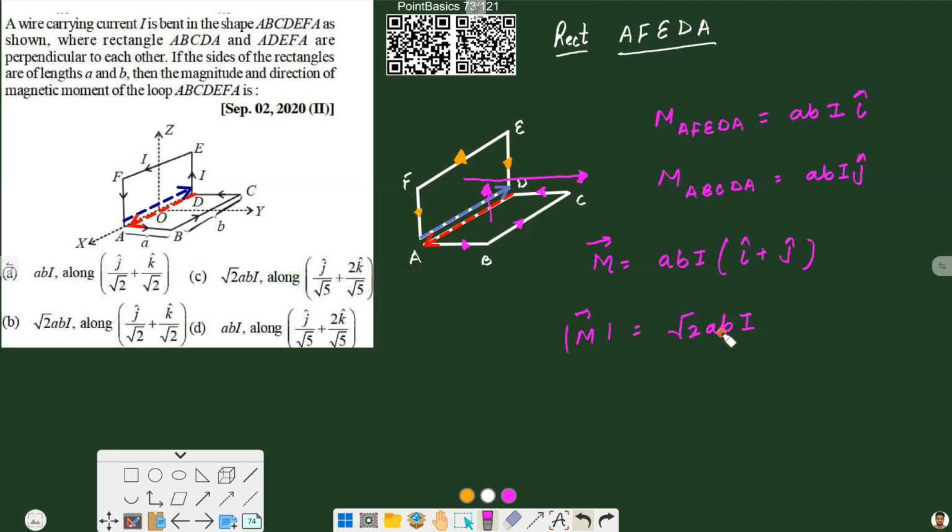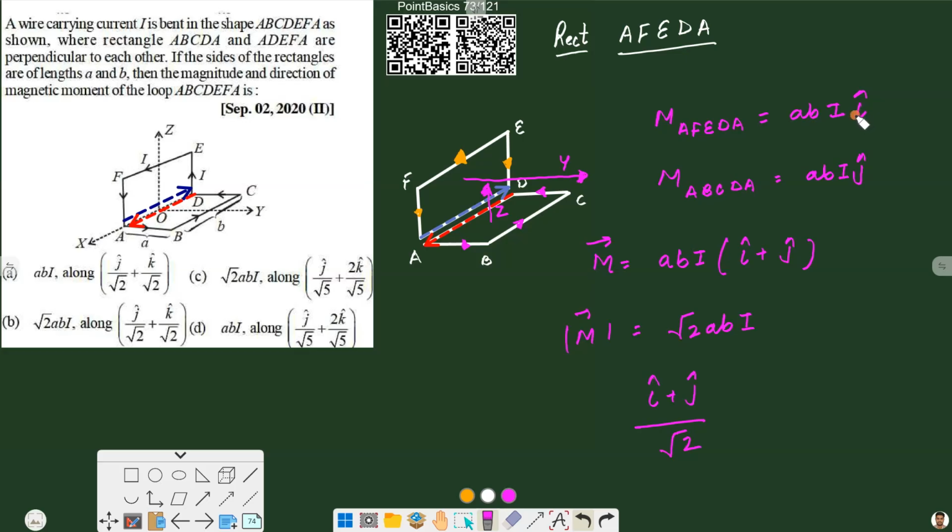And if we have to find the direction, we write it in the form of a unit vector, and the unit vector of these two will be i plus j by root 2. So here the upward direction is considered as Z and this one as Y. So this is the Y direction and this will be in the Z direction.